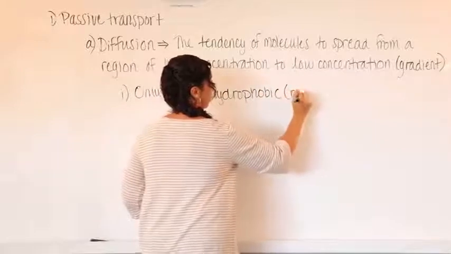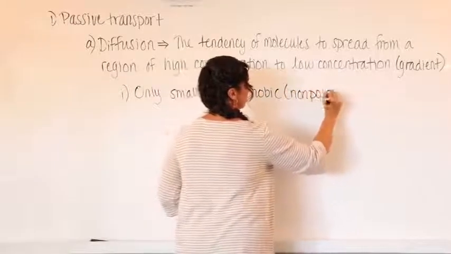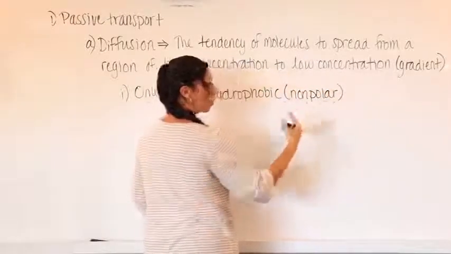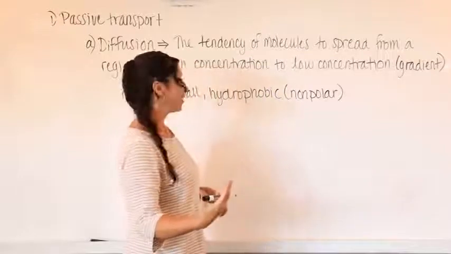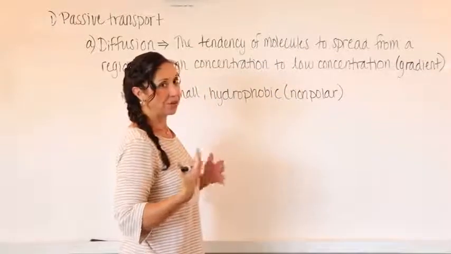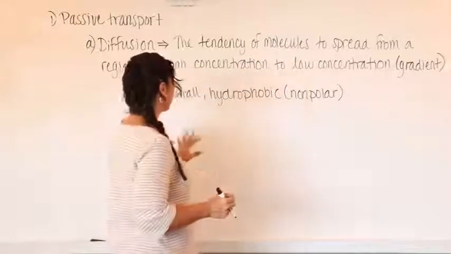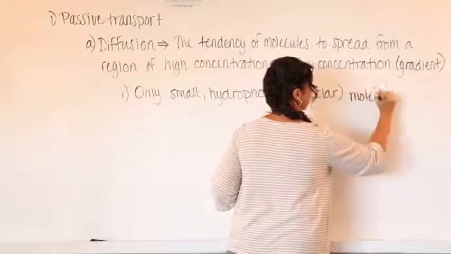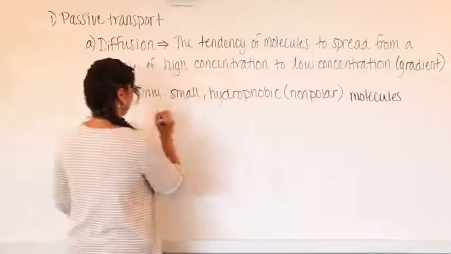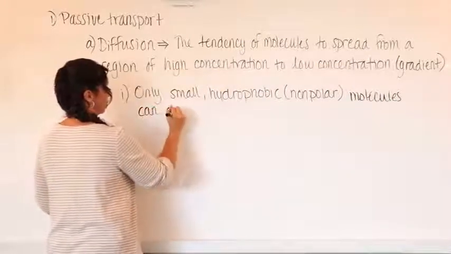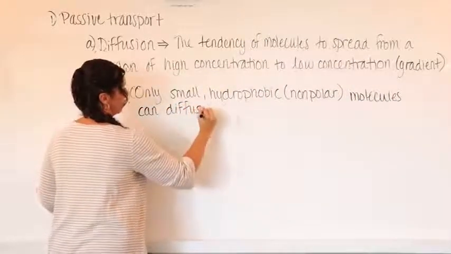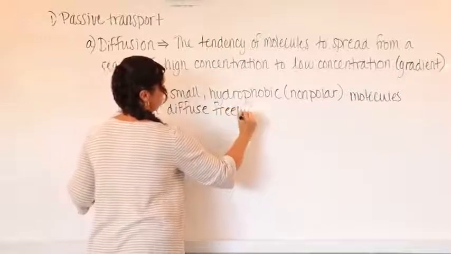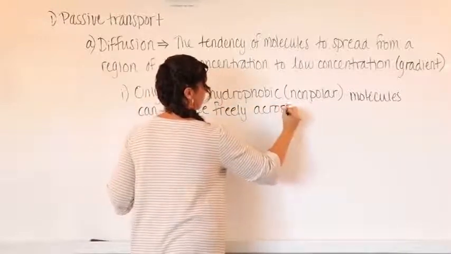Another word for that is nonpolar. If you're polar, you're like water. If you're nonpolar, you don't have that ability like water does. So small hydrophobic molecules can pass freely, can diffuse, I should say, freely across the membrane.